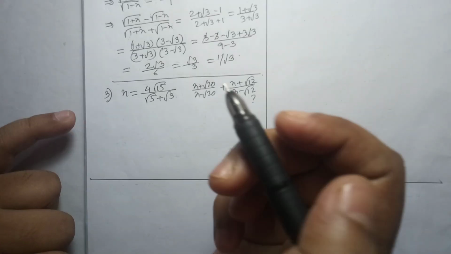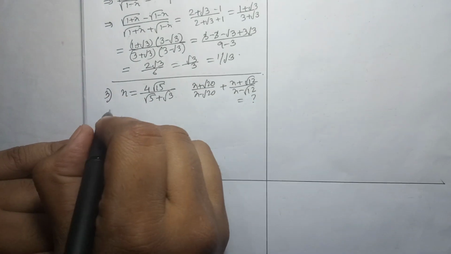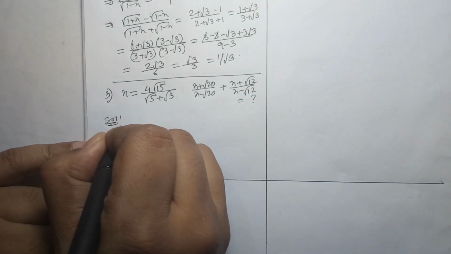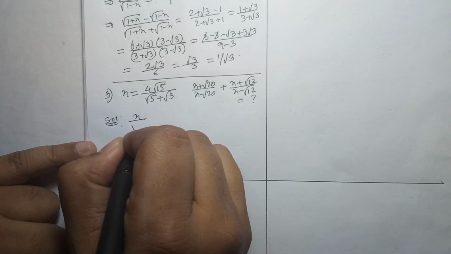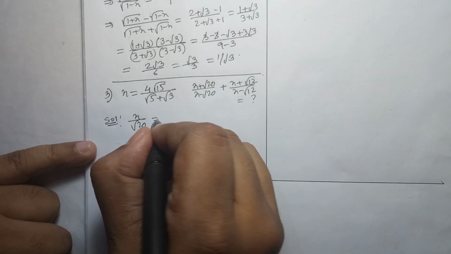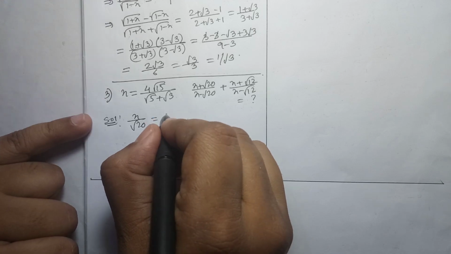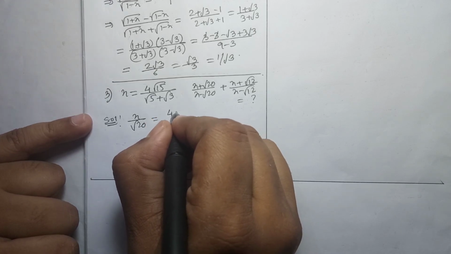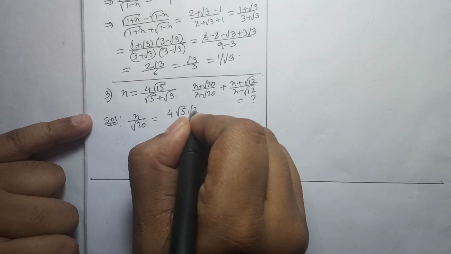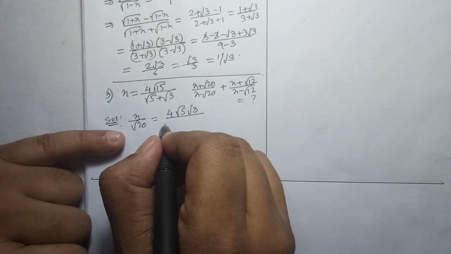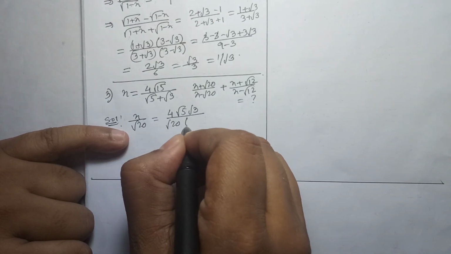So what do I do? So x divided by root 20 will give me 4 root 5 into root 3 by root 20. I'll multiply here.